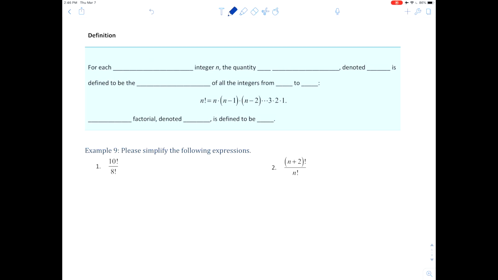For each positive integer n, the quantity n factorial, denoted with an n and an exclamation point, is defined to be the product of all the integers from 1 to n.